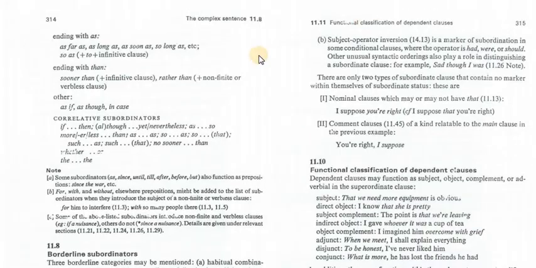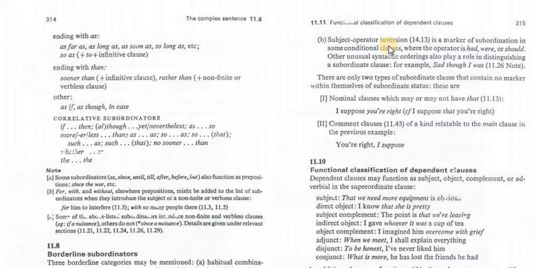Now, subject-operator inversion. The evidence for a subordination relationship between two clauses may be a change in the position of the subject and the operator. This is also a marker of subordination in some conditional clauses where the operator is had, were, or should.